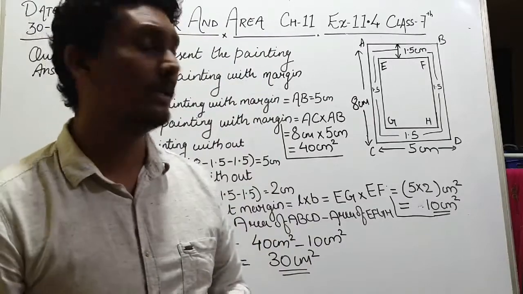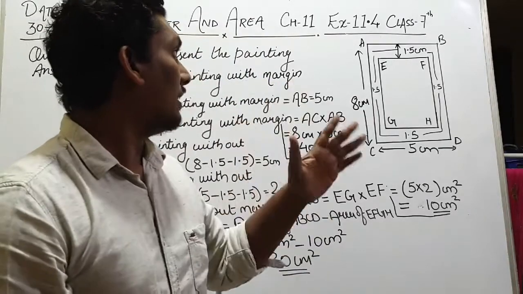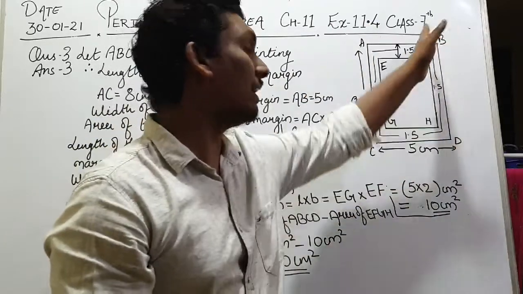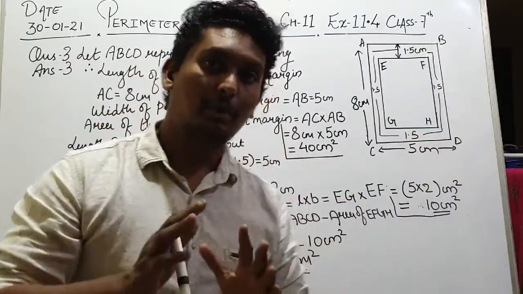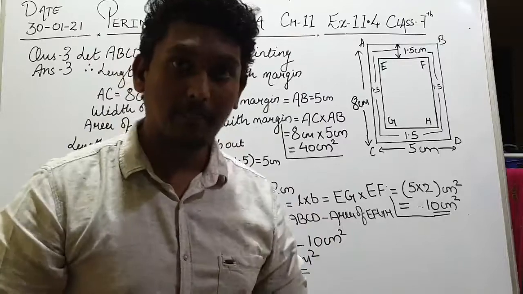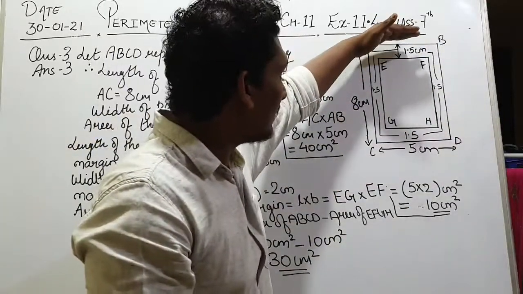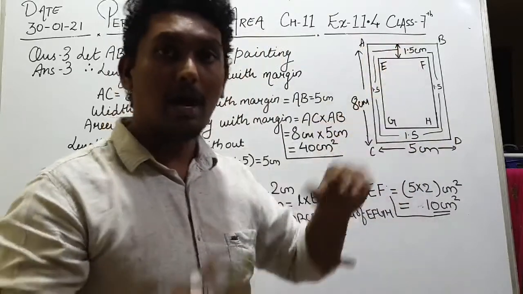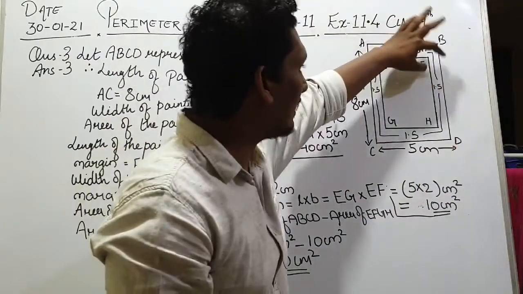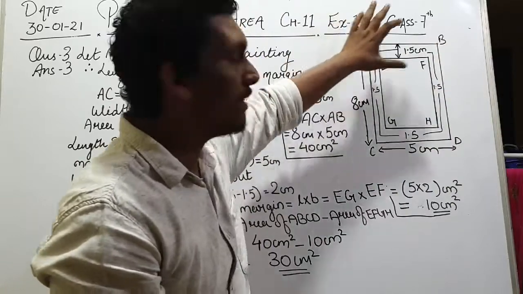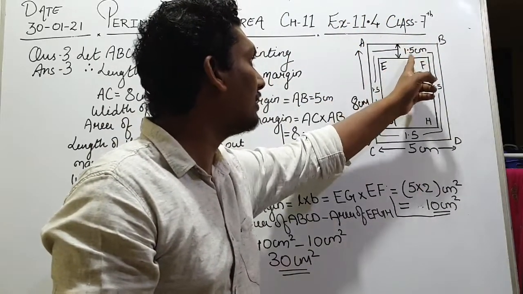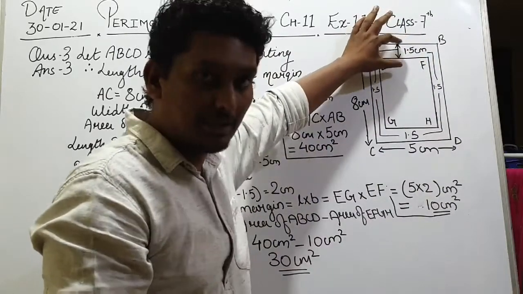One thing I want to make clear in this question: the whole board is ABCD, that is the whole cardboard used for painting. So this whole portion is used for painting. After that, this margin was set up. So from here to here, this portion was reduced.